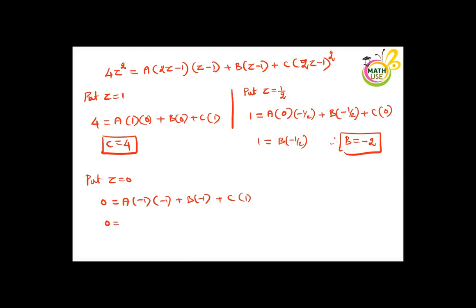So 0 is equal to A minus B, where B value is minus 2 and already here minus 1, so it is plus 2, and C value is 4. Therefore A equal to minus 6. So now we found A, B and C values. Let us substitute these A, B, C values in equation number 1.